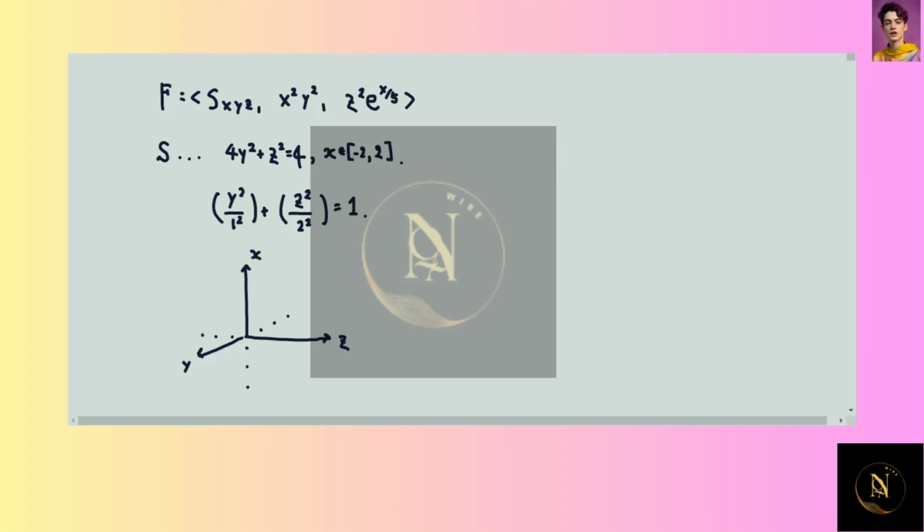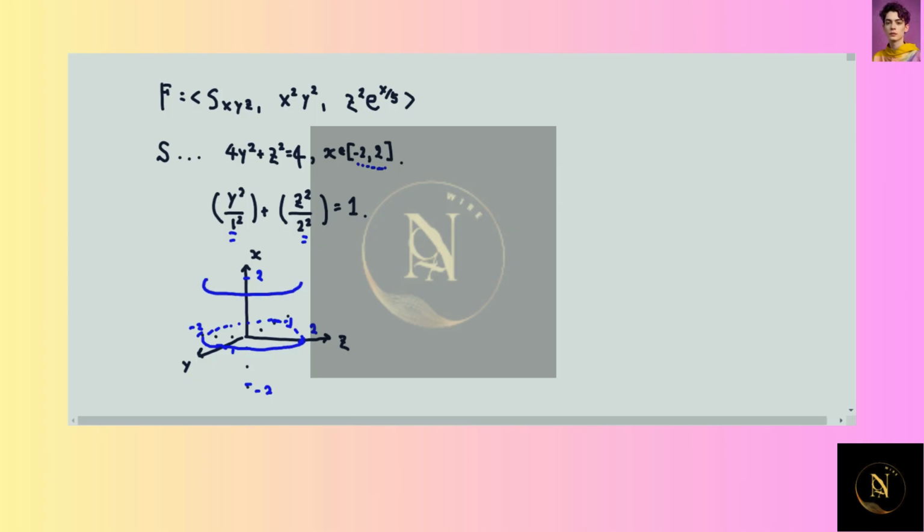You see that in the y direction you go 1 unit front and back, so 1 to -1. In the z direction we go 2 units front and back, -2 to 2. And for x, we know that it goes from -2 to 2. So those are going to be the ultimate height of the cylinder. And the cylinder will have a shape of an ellipse.